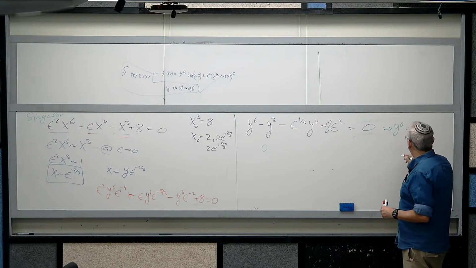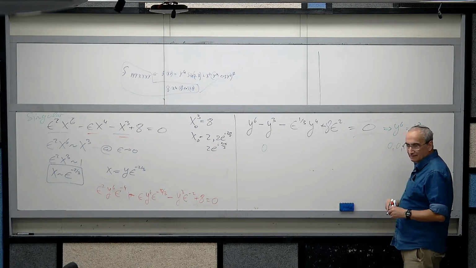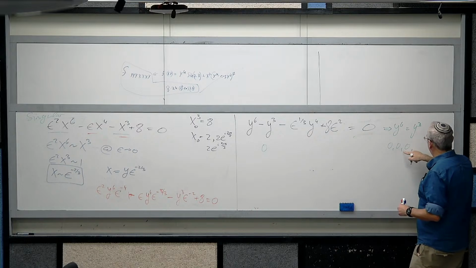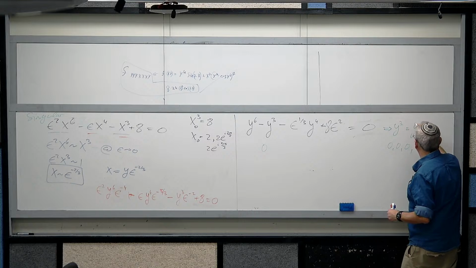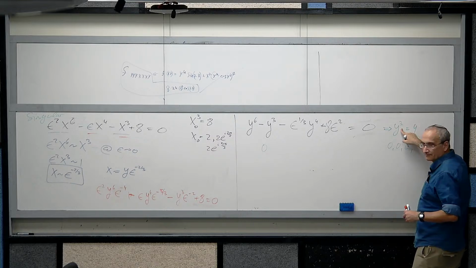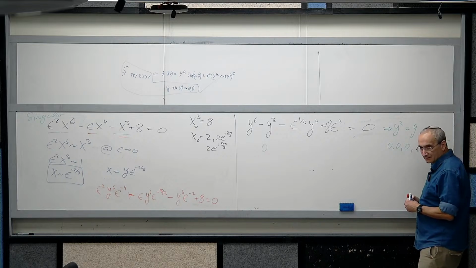I have 3 solutions that are 0, and now after counting these 3, I can take y to be equal to 1. And I have 1, e to the i 2 pi over 3 and e to the i 4 pi over 3.